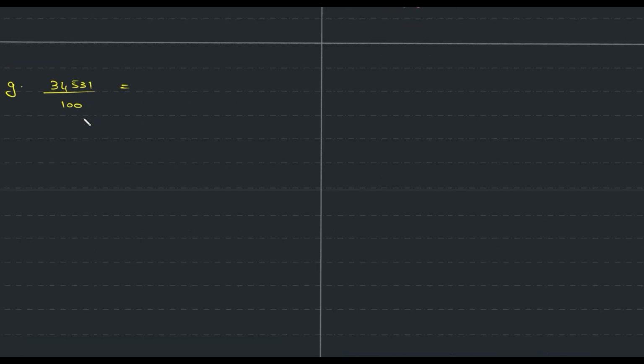Basically we have two zeros, so 34531. The decimal is originally over here, so first shift and second shift we have 34.31, not 34, sorry, 345.31.